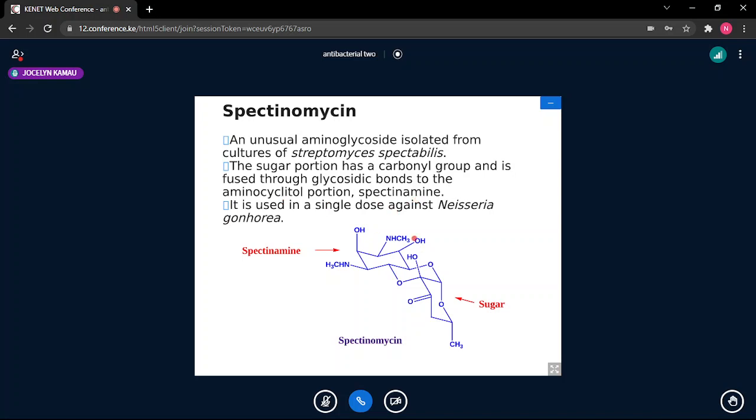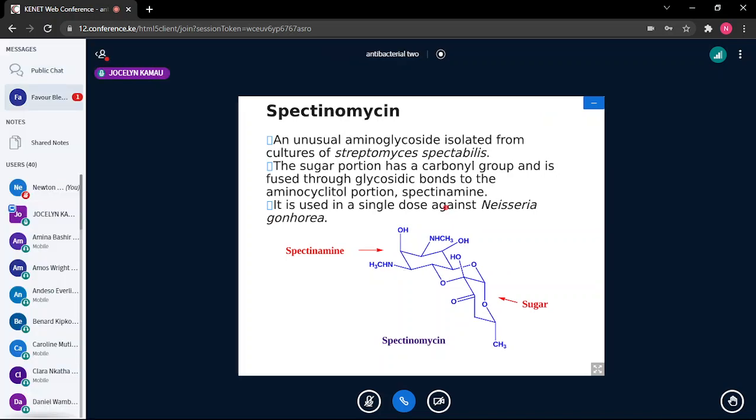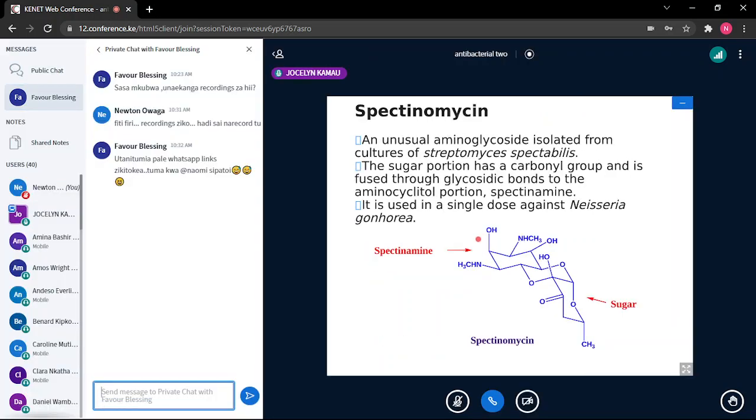Again, of spectinamine. Again, I had mentioned this. So this is a unique sugar. That unique sugar has a carbonyl group, and of course, it has its own amino. It has its own unique amino inositol, and it is unique in that, unlike in the other sugars like kanamycin, tobramycin, gentamicin, which have the diamino inositol, this one has a methyl.